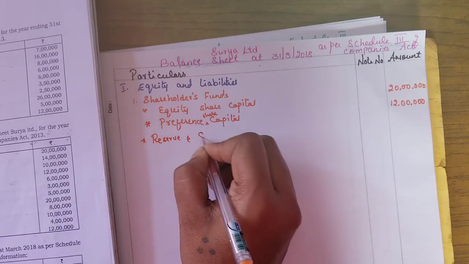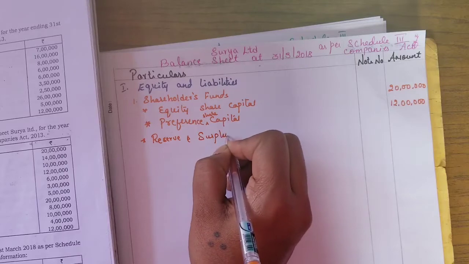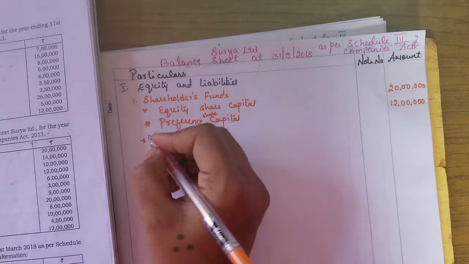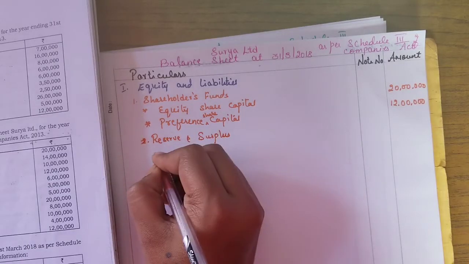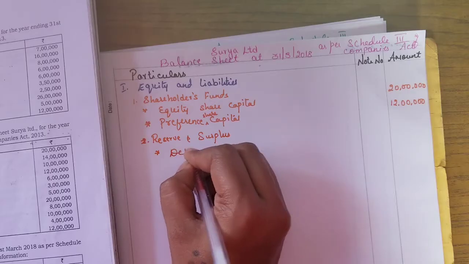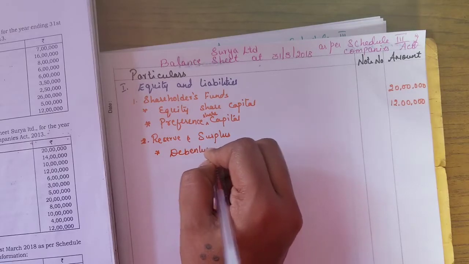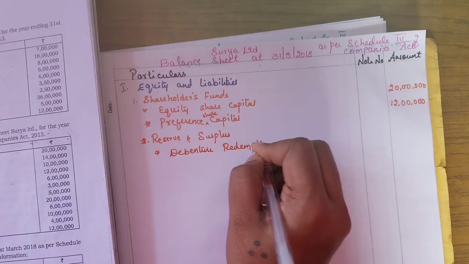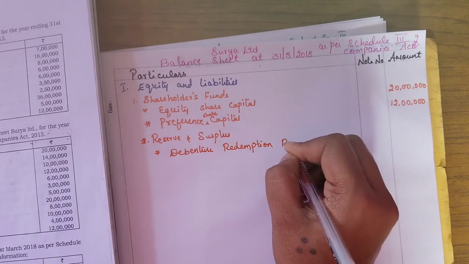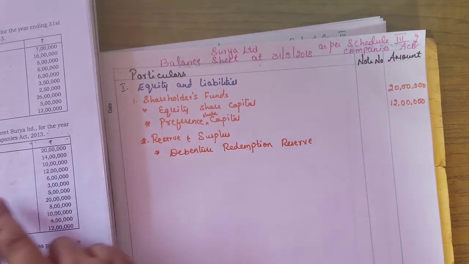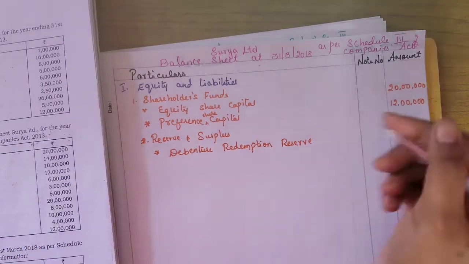Under reserves and surplus we have two items here according to this problem. First we have debentures redemption reserves. Redemption is nothing but paying back the debentures. So that is amounting rupees 6 lakhs.